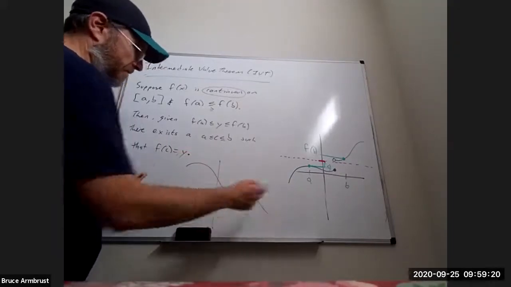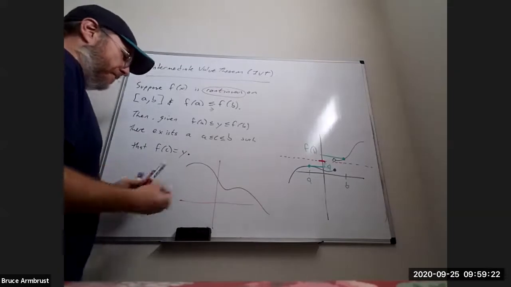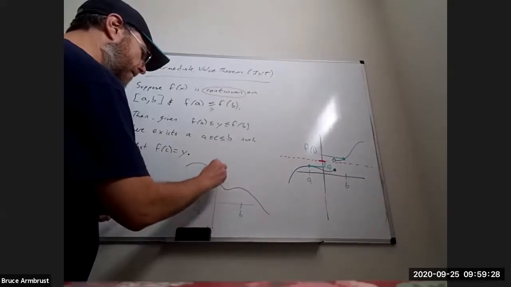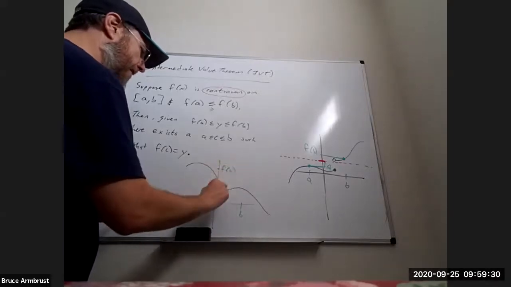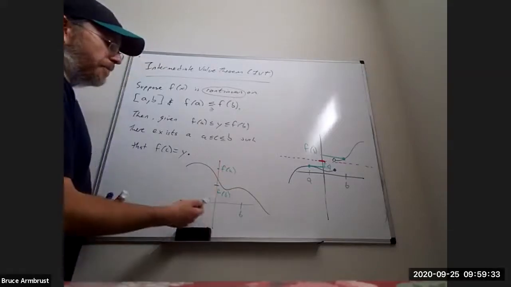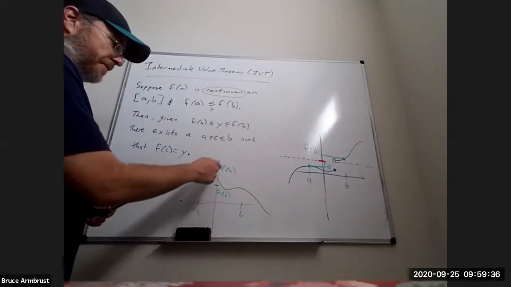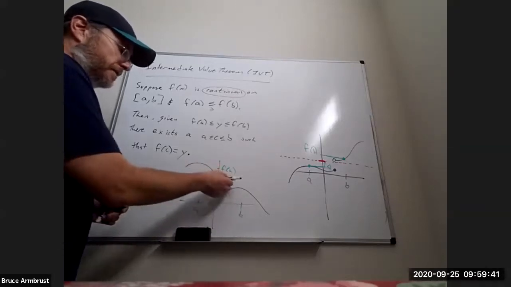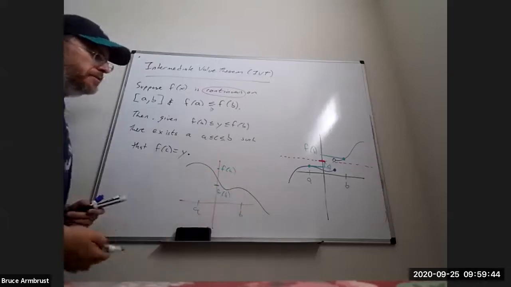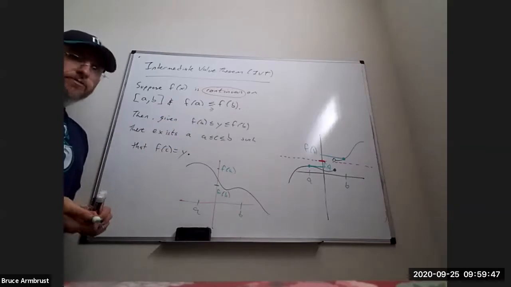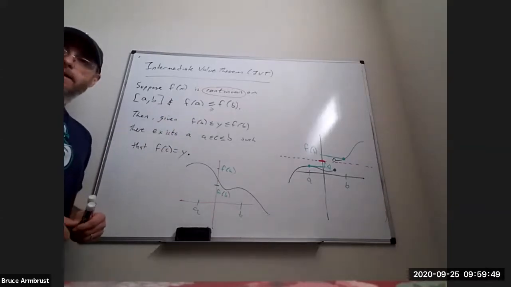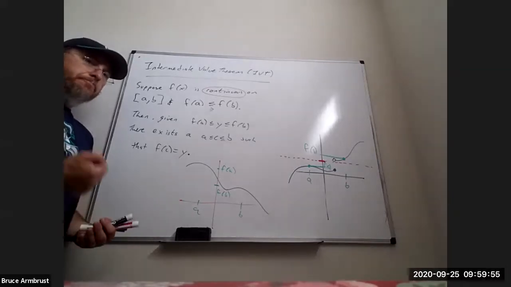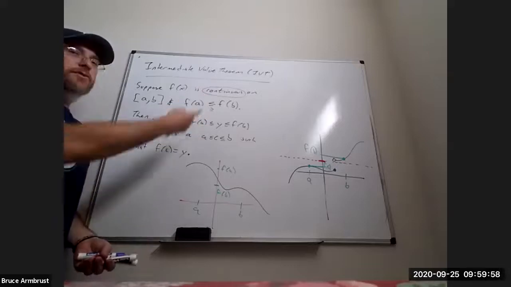So there's a continuous function from A to B. So here's A, here's B. So there's f of A and f of B. But still, no matter what, you give me any value in between those, somewhere my graph is crossing that line in this interval. So the greater than or equal, less than or equal, that doesn't really matter. If they are equal, it's kind of silly because there are no intermediate values, right? But for either of these cases, it's totally fine as long as we're continuous.